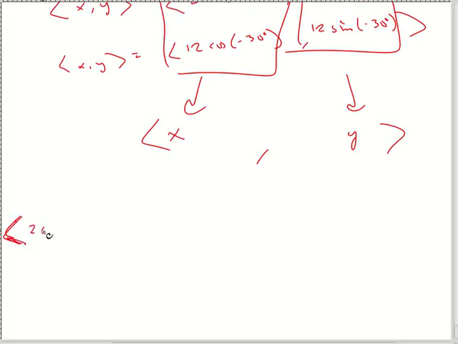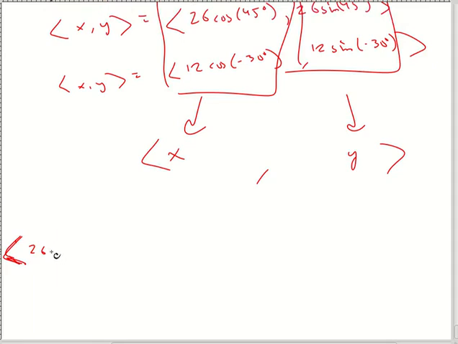I got the 26 cosine 45 plus the 12 cosine negative 30, comma, 26 sine of the 45, and then plus 12 sine of negative 30. Cool. Okay.